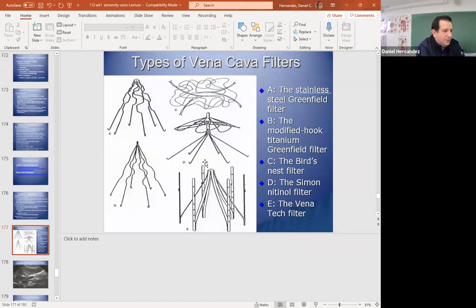This is just a picture showing various types of IVC filters that are in production and in use. You can actually visualize these on ultrasound in a patient's IVC when imaging and getting pictures of the IVC.